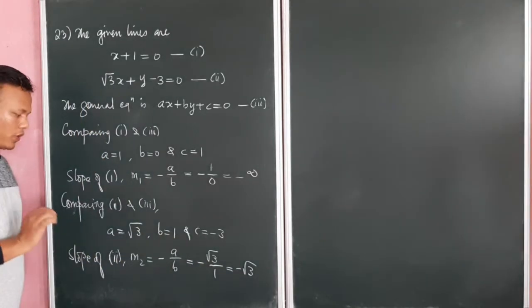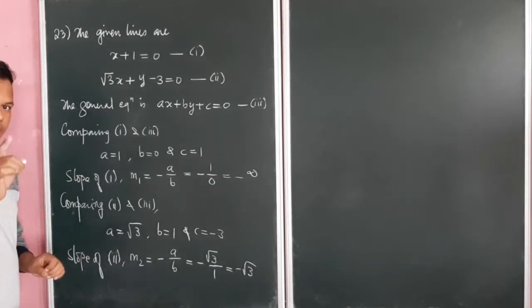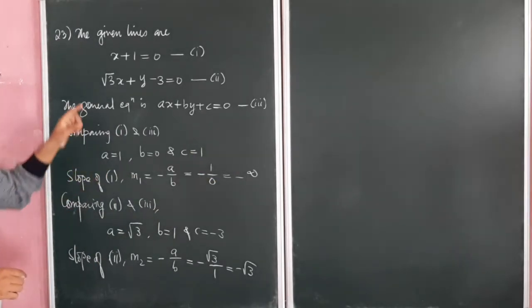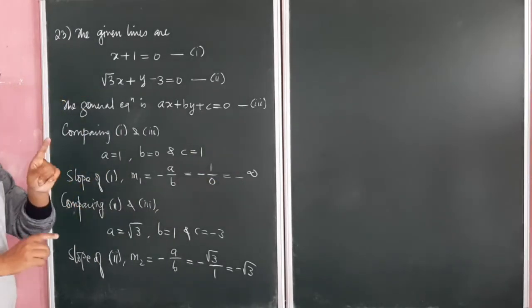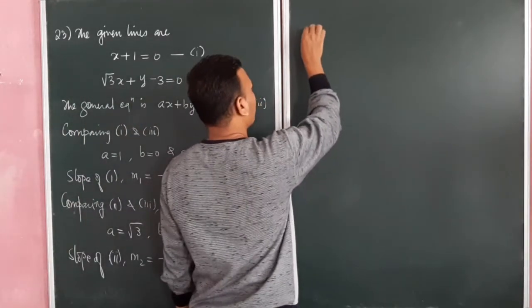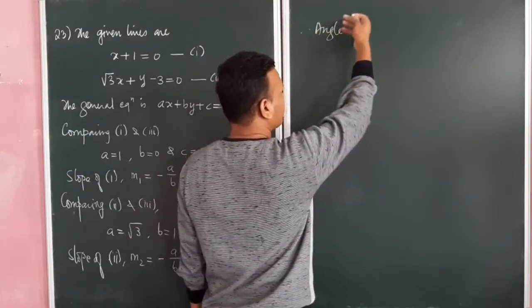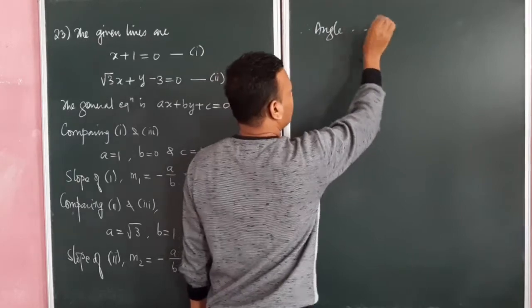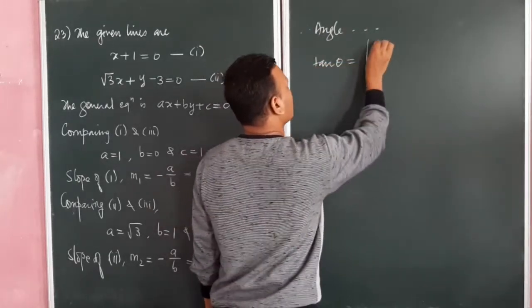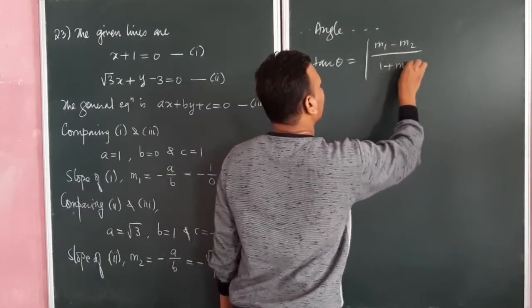Alright. Now working with infinity creates a problem. How? Let's see. Because we have got minus infinity, we are going to have a bit of a problem finding the angle of intersection. The angle of intersection between 1 and 2 will be tan theta equals m1 minus m2 divided by 1 plus m1 m2.